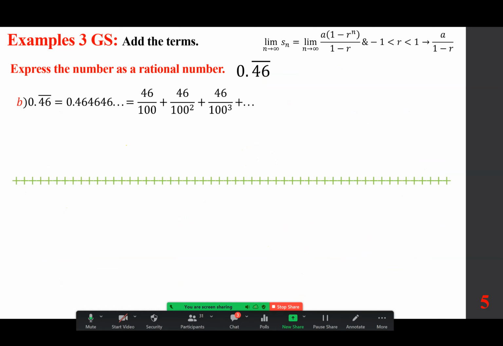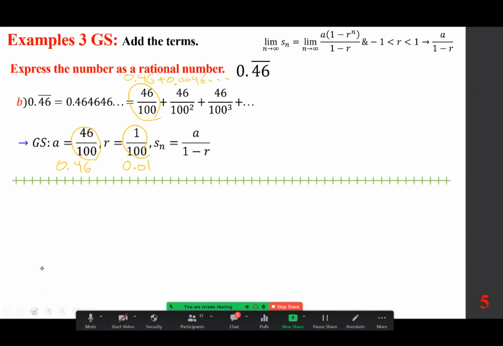We can write it in this format, or we can write it in decimal format, in which case the first term is 46 over 100 or 0.46, and the r is 1 over 100. You may write this as a fractional form or a decimal format.